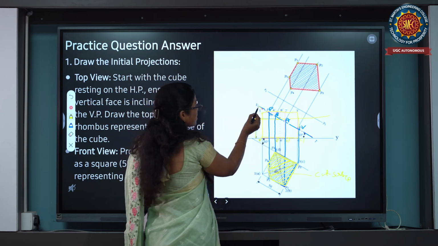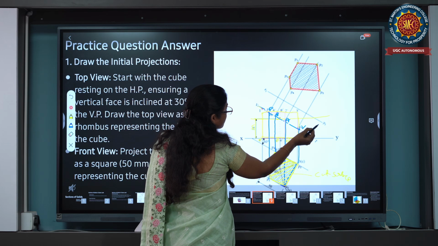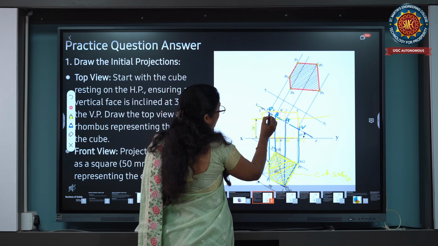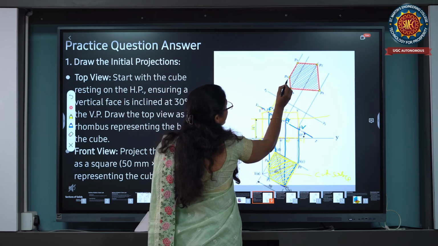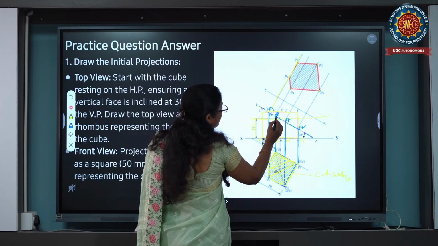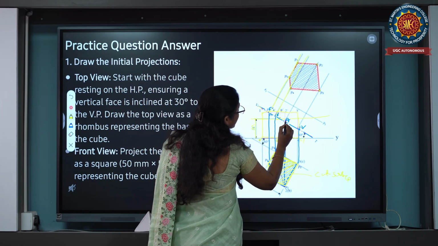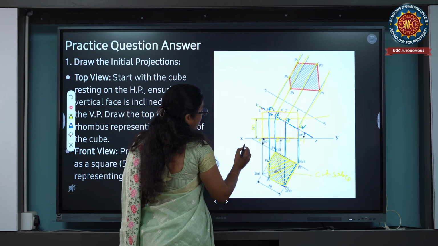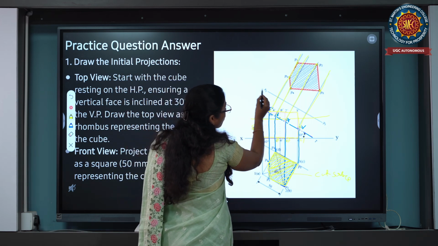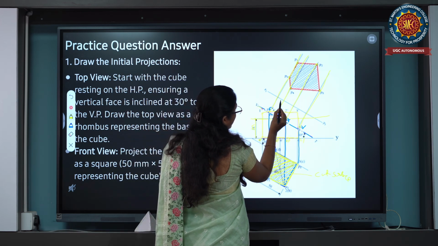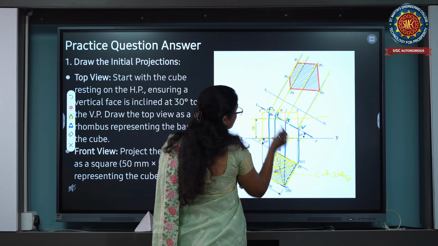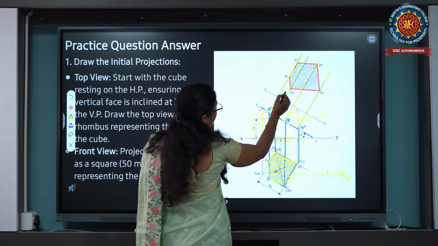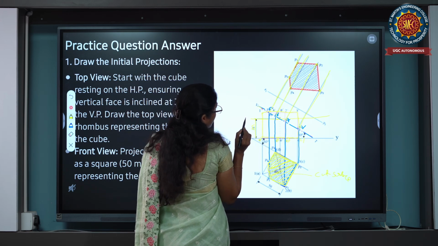Then draw lines from the section plane points, perpendicular to this section plane, and then draw one line parallel to this section plane as the reference for the true shape of the section.